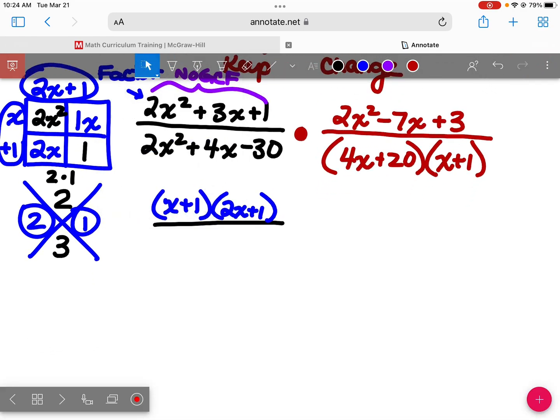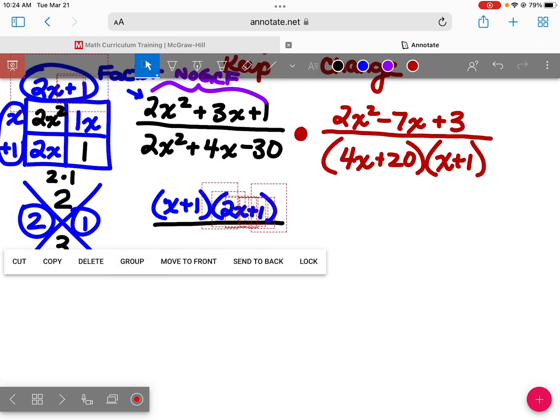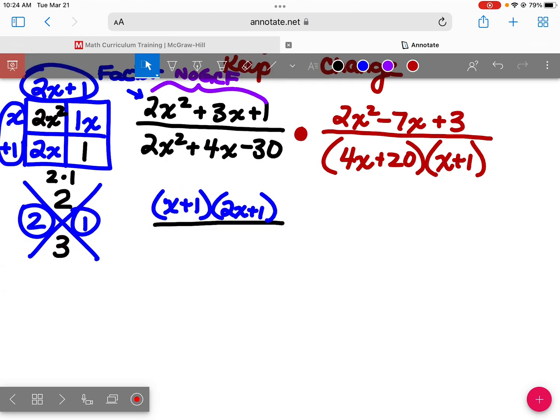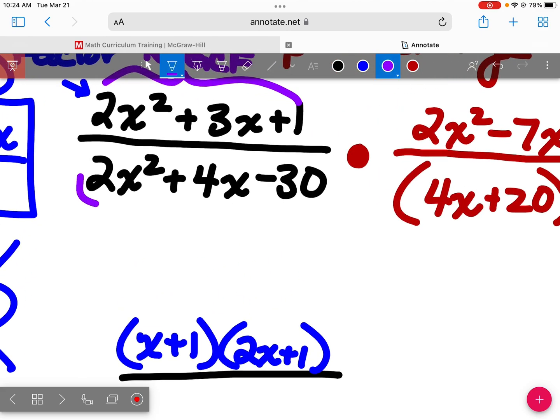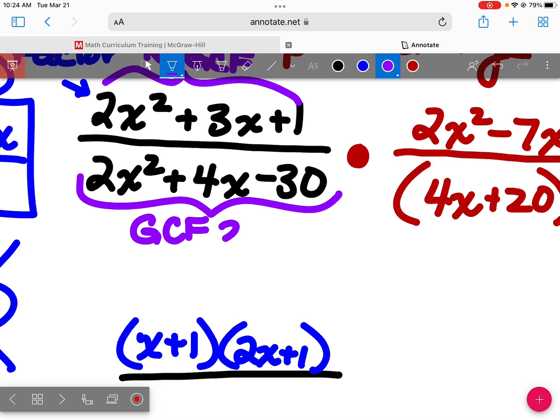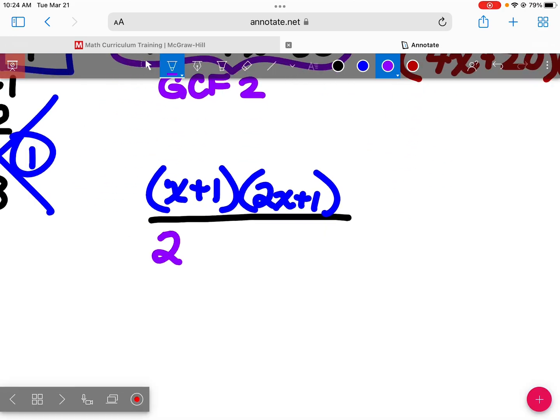I'm going to need to factor the denominator here. Scoot this down just a little bit. Is there a GCF here? GCF of 2. So I put my GCF down right here.